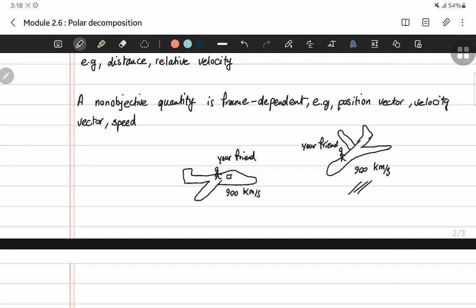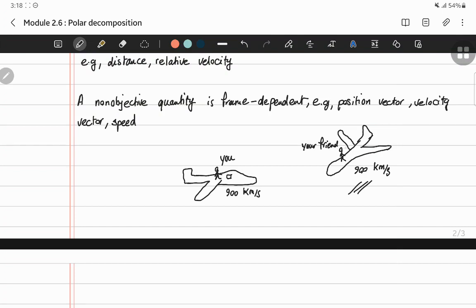So this actually shows that your point of view, your frame, this is you, is quite different from your friend's frame. You, as an observer, experience a different speed than your friend, and this is mutual.